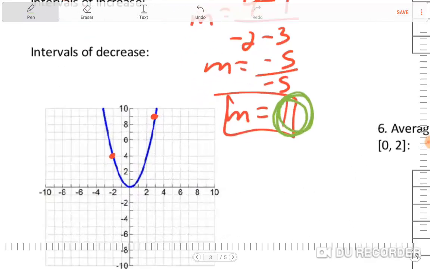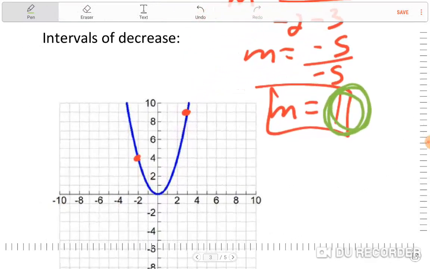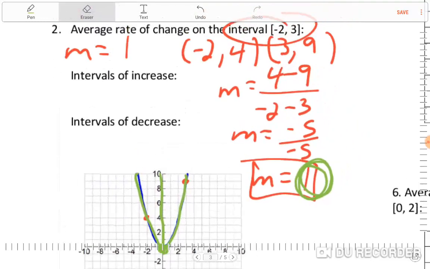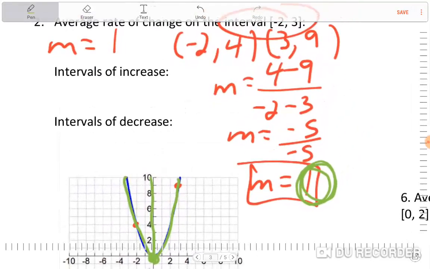Now, when we talk about increasing and decreasing, if this were a roller coaster, you'd be going down, down, down. You'd hit the vertex here at 0. We're talking about the x when we're talking about intervals, and then we go back up. But at that 0 where we turn around, we technically are neither going up or down, so that 0 cannot be included in our interval of increase or decrease.